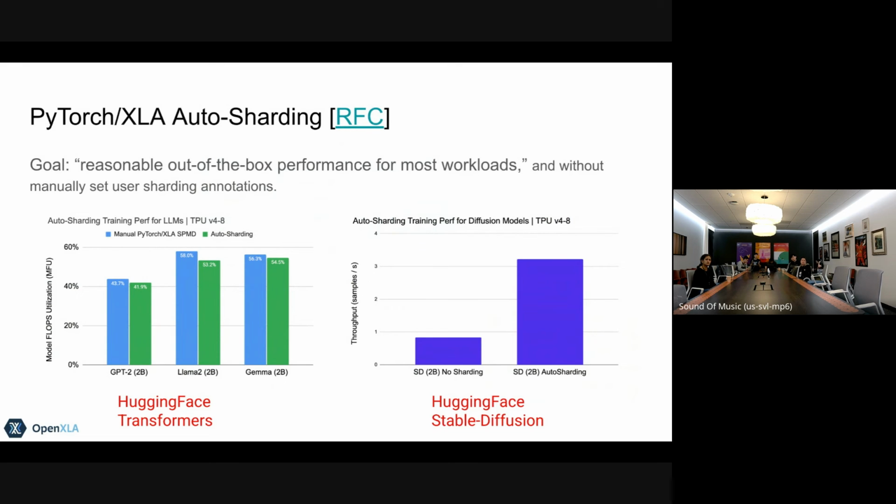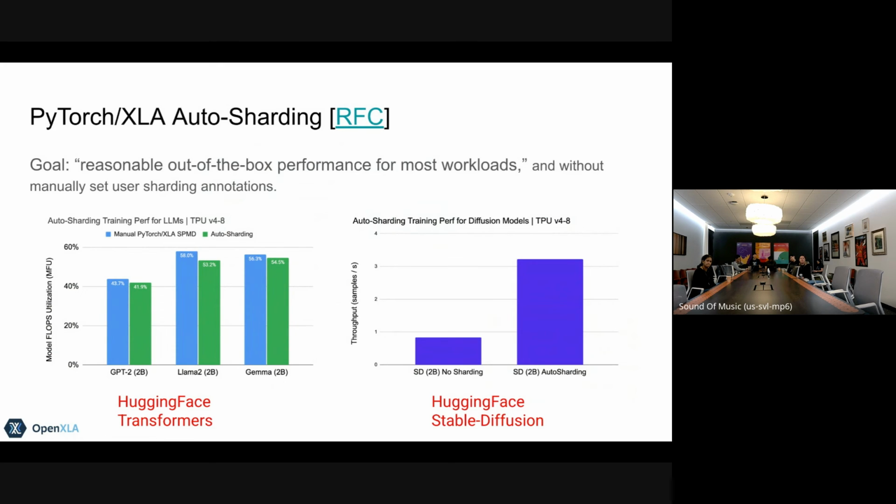If you look at our preliminary test results at the bottom left, we used popular Hugging Face transformer-based models like GPT-2, Llama, and Gemma to try out auto sharding and compared the results to the human-optimized best results on PyTorch XLA. The blue bar represents the result from using human-optimized sharding annotations with GSPMD, and the green bar is the auto sharding result. The actual MFU numbers for training may be hard to read, but you can see that the heights are very close to each other, kind of comparable.